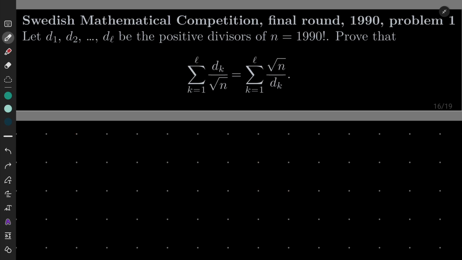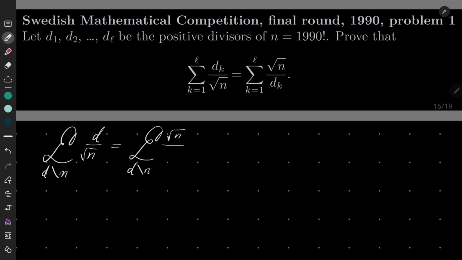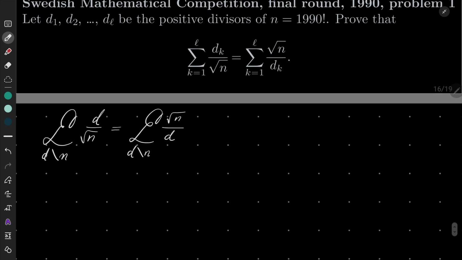Okay, so we wish to prove the following: that the sum over all positive divisors of n, d over square root of n, equals the sum over all positive divisors of n, square root of n over d. We'll prove it in general without the assumption that n is 1990 factorial.